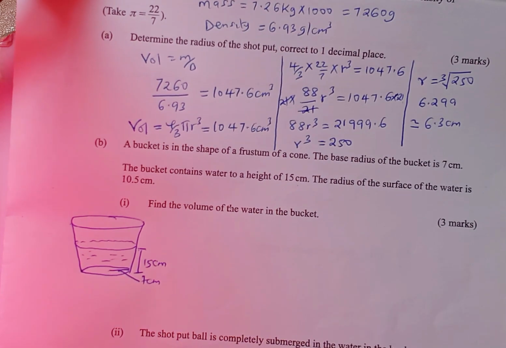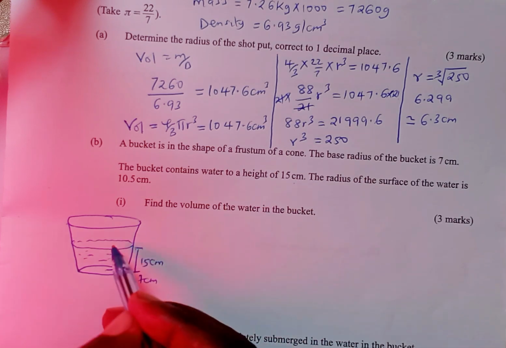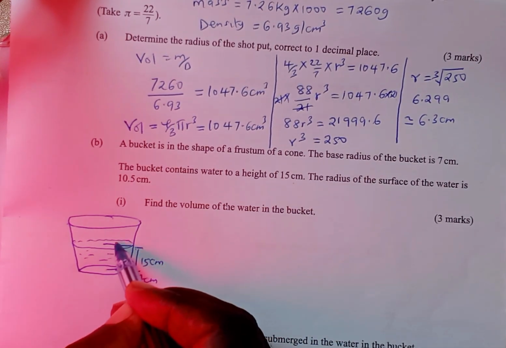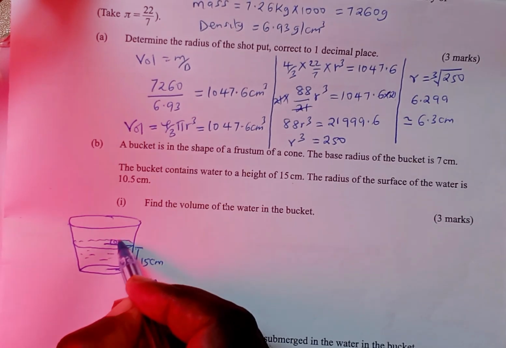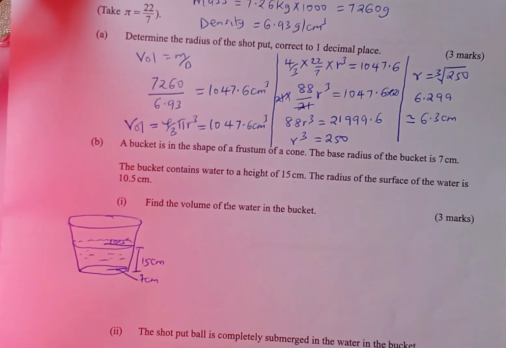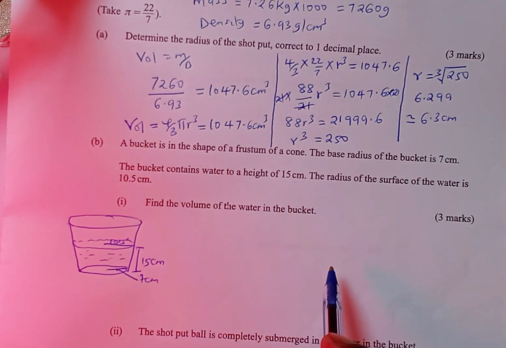Then of course the radius of the surface of the water here is 10.5 centimeters. This is 10.5 centimeters. Now we need the volume of the water in the bucket.